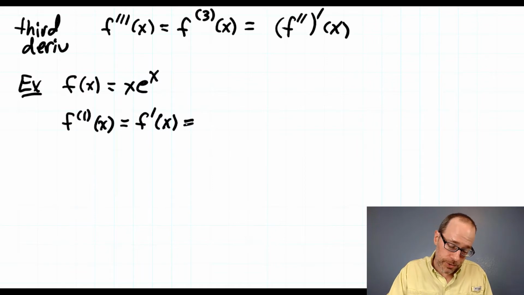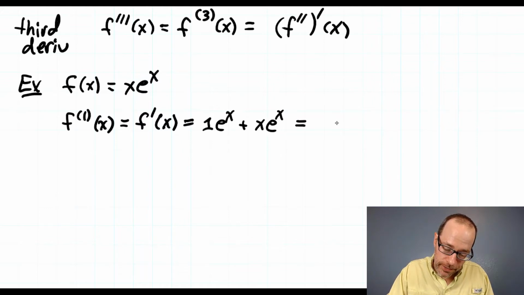And what you do is use the product rule, so take the derivative of the first term, leave the second alone. Then you leave the first term alone and take the derivative of the second term. And you can factor out here a 1 plus x for e to the x. So that's the first derivative.